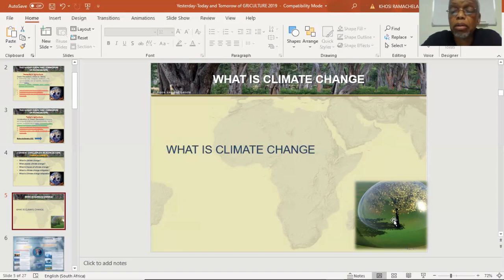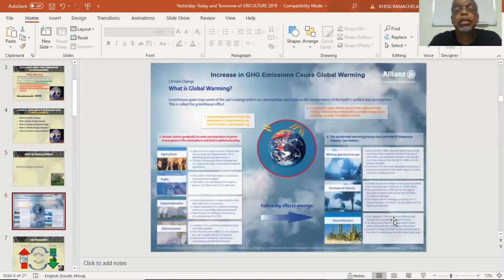So the heat generated on the surface of the Earth comes from various sources. You're looking at industry, and the various forms of agriculture production systems; your livestock emits methane. Your chemicals also emit methane, which destroys your ozone layer.